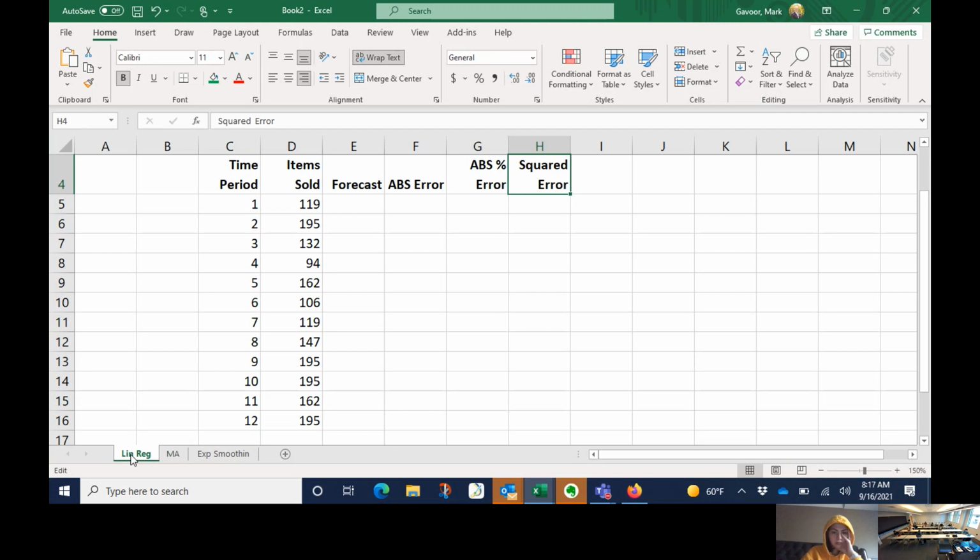Then go to quick layout. Do the FX. You got a scatter diagram? Quick layout. Do the FX option, which is great. Now you got your equation. Right there.